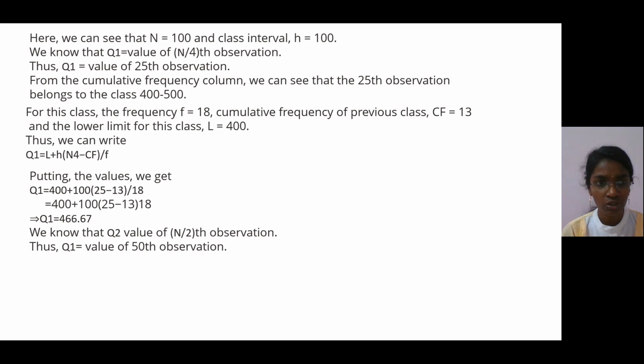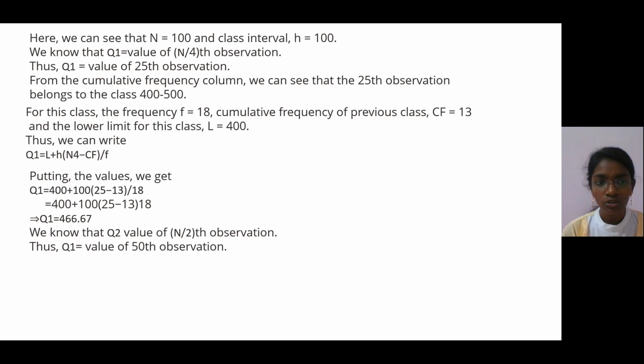Thus we can write the Q1 formula as L plus h of n by 4 minus CF, divided by f, where f is the frequency. Putting in the values, L is 400, h is 100, n by 4 is 25, cumulative frequency is 13, divided by frequency 18, and we get Q1 equal to 466.67.